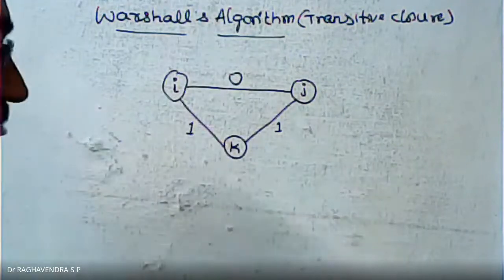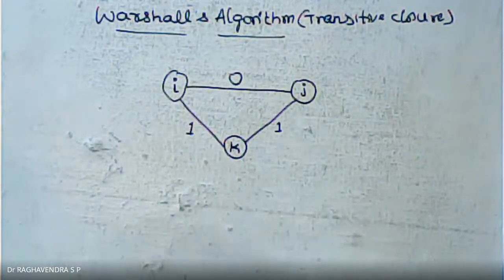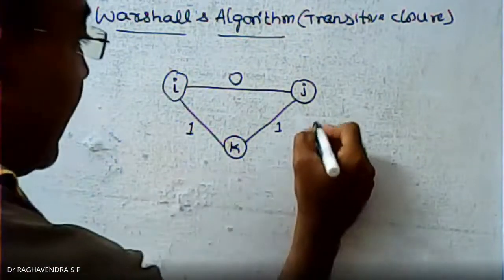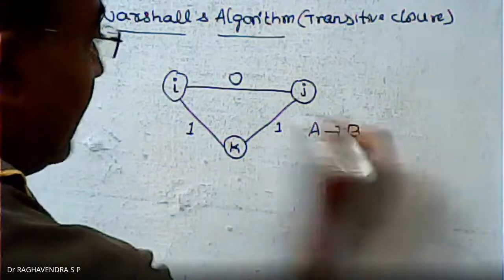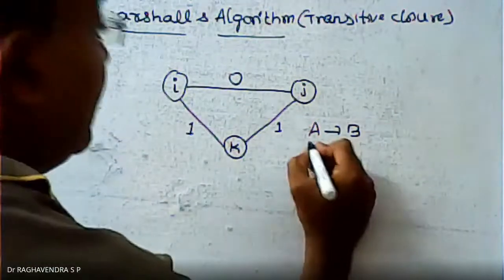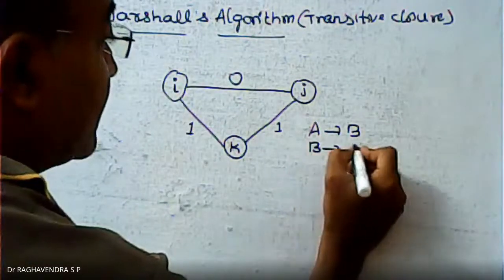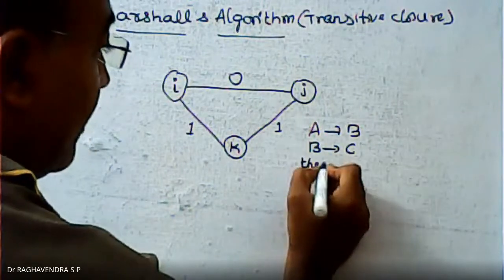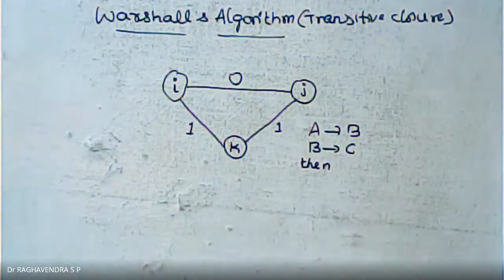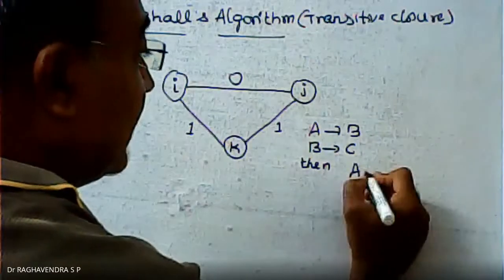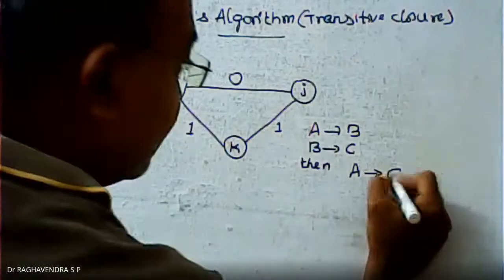For example, consider the transitive law. If A implies B, and if B implies C, then what? Transitive law. Then A implies C. So this is the transitive law.